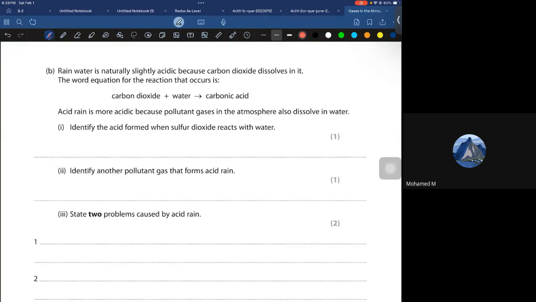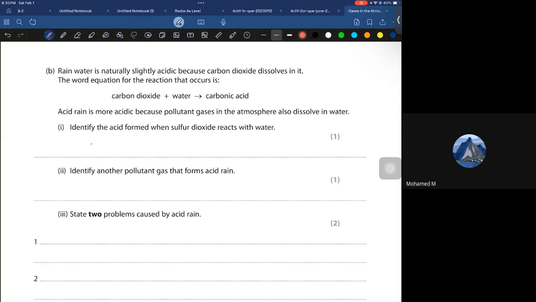Rainwater is naturally slightly acidic because the carbon dioxide dissolves in it. So the word equation for the reaction is shown. Identify the acid formed when sulfur dioxide reacts with water.